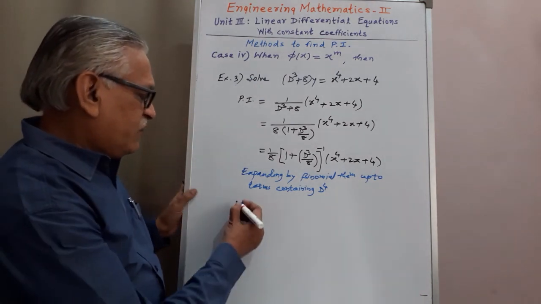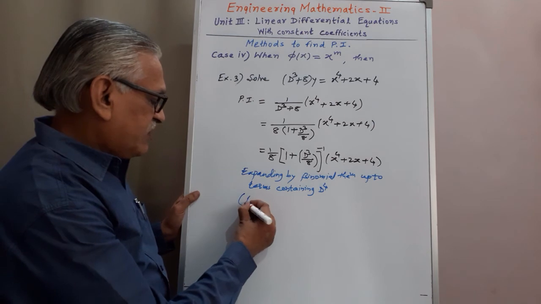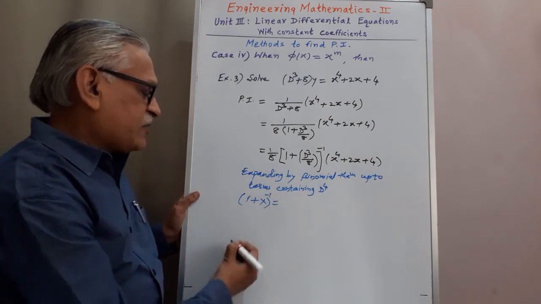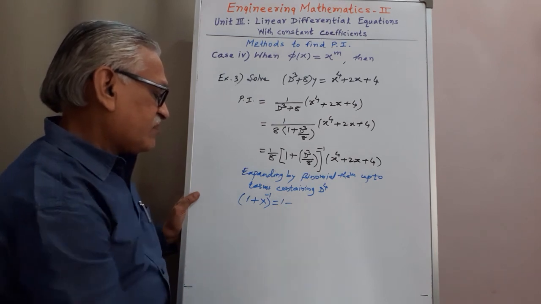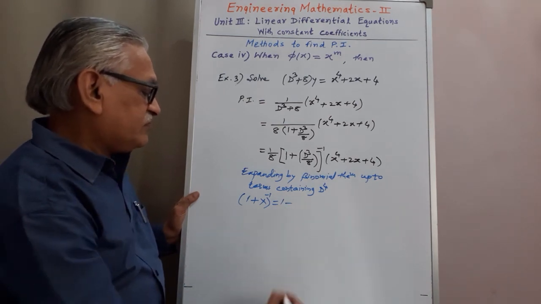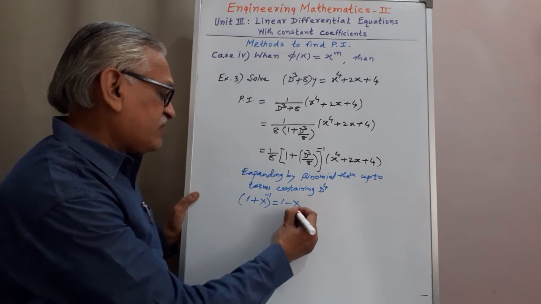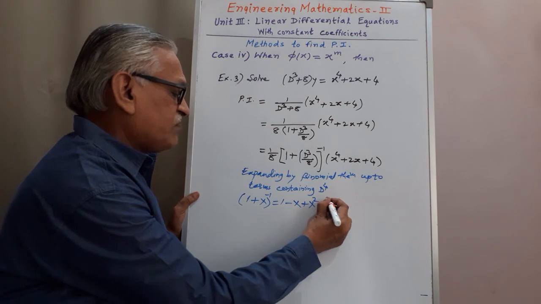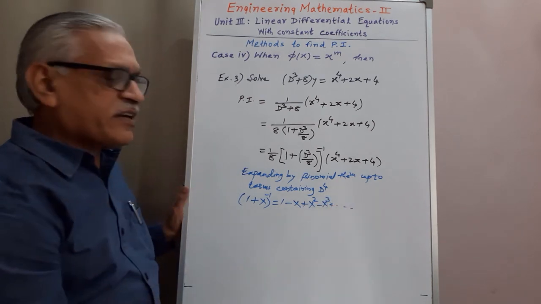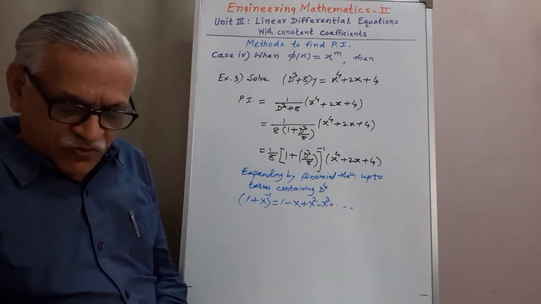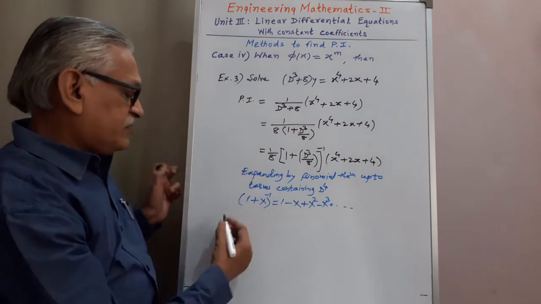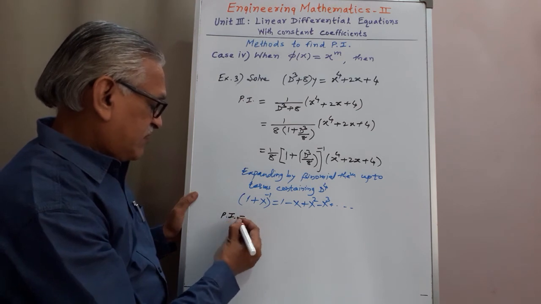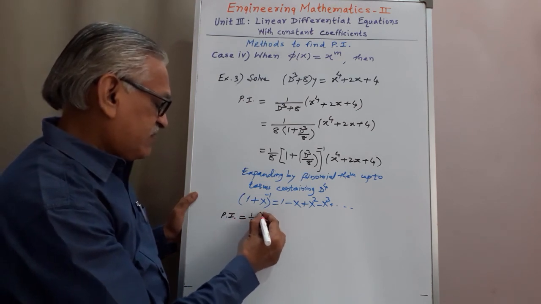We use the expansion of 1 plus capital X raised to minus 1, which is 1 minus X plus X square minus X cube, and so on, with terms alternately positive and negative. So the PI becomes 1 by 8 as it is.